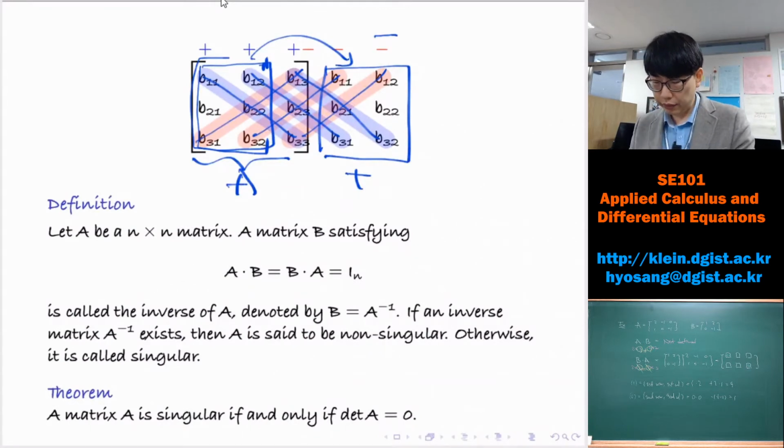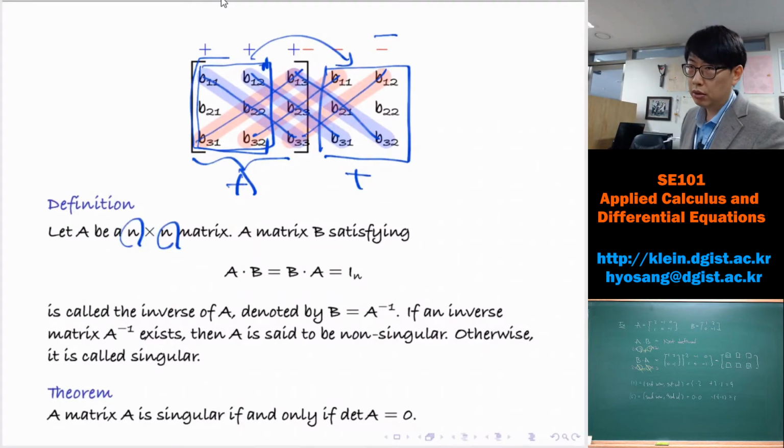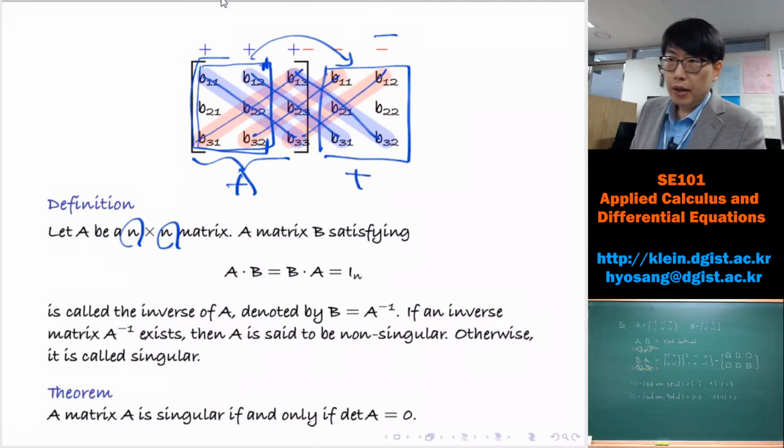Also, when you have an n by n matrix, which means the number of rows and columns are equal, we call it a square matrix, and you can define the inverse of the matrix.